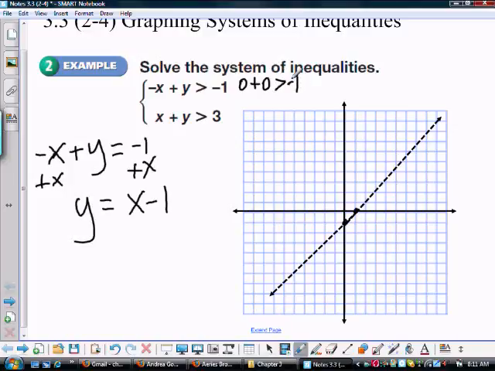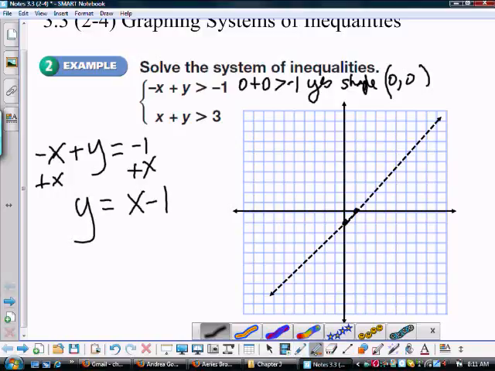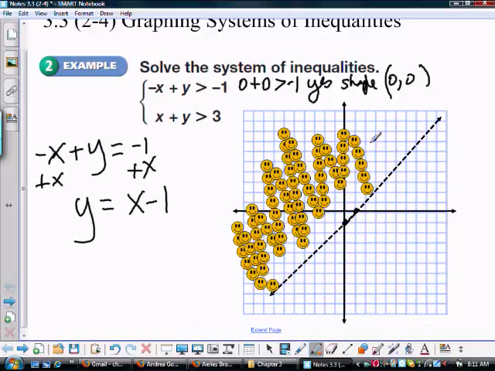Why, yes, 0 is greater than negative 1. So we will shade the part that contains 0, 0. Let me see what kind of a good shading tool I've got here. I guess we'll shade smiley faces to be cheerful this morning.